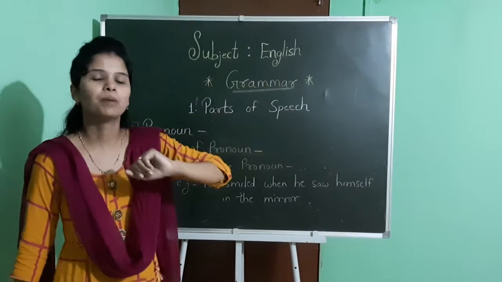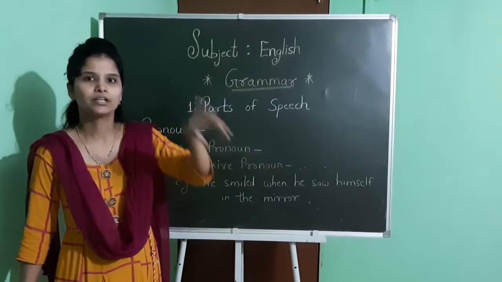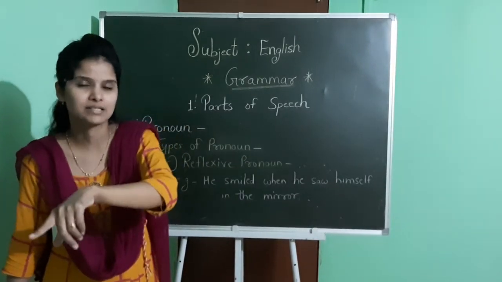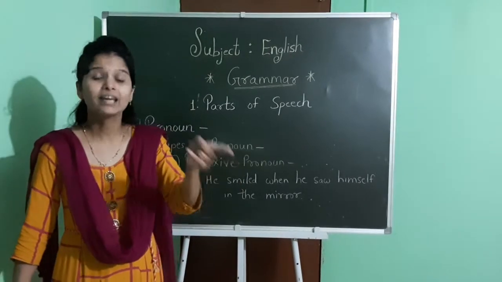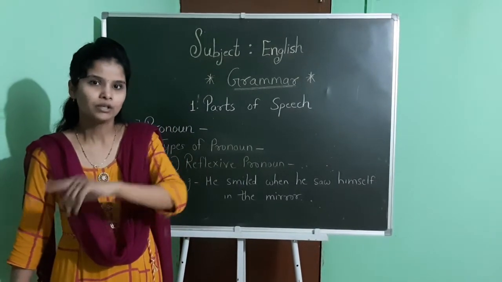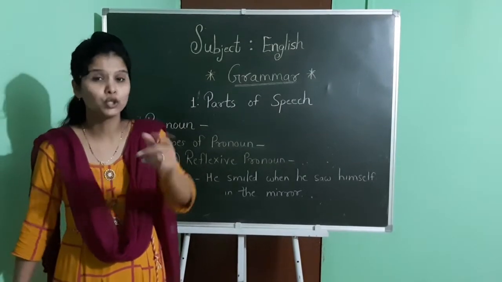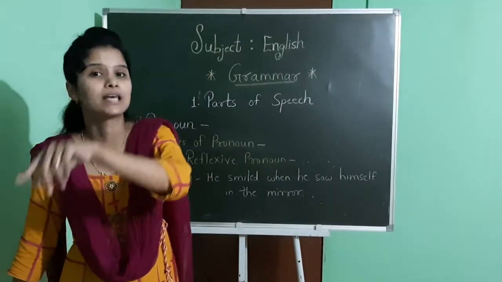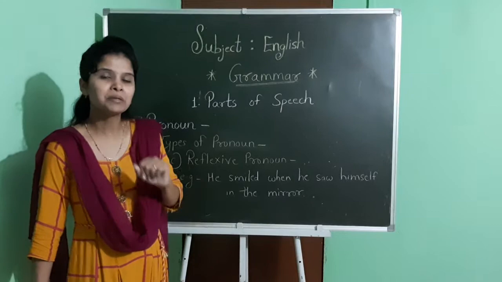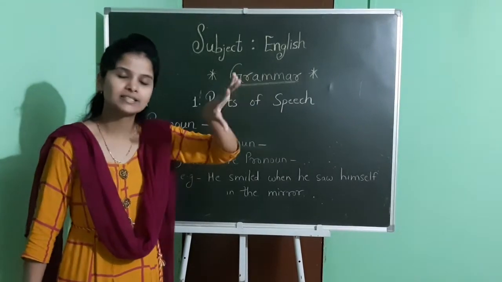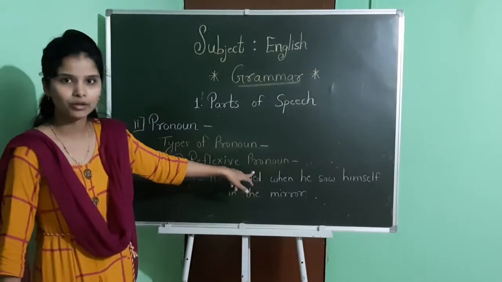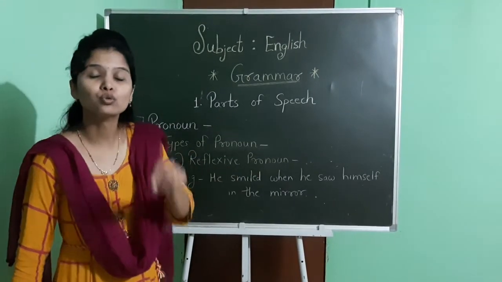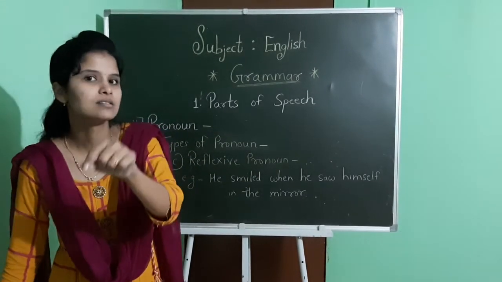I becomes myself. He, himself. Her, herself. They, themselves. You, yourself. And yours, yourselves. Understood? It means that we use all those 7 pronouns to frame these reflexive pronouns. But how? We use two suffixes, self and selves.